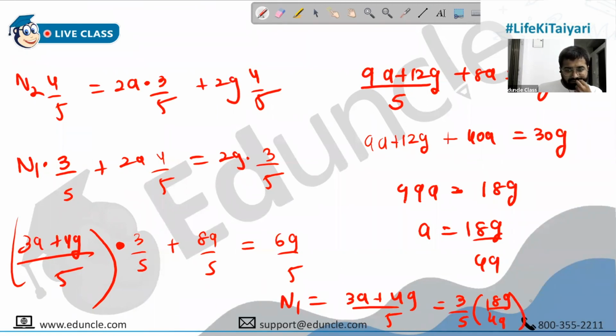Plus 4g by 5. Nothing gets cancelled, no? And we are not even close to 11. Are we close to 11?